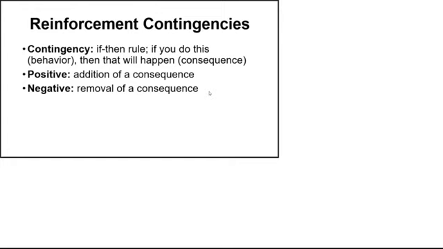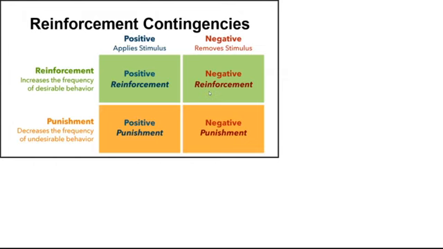And so when we combine these, something can be positive or negative, reinforcement or punishment. So that gives us 4 distinct options. And so I'm going to go through each of these with examples just to try and help out a little bit. So let's start with the simplest one.